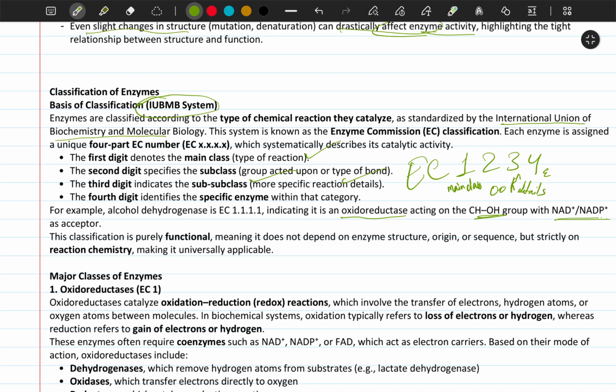This classification is purely functional, which means it does not depend on enzyme structure, origin, or sequence, but strictly on the chemical reaction, which is universally acceptable. So we are not looking at what the structure of the enzyme is, but how it acts upon a reaction.